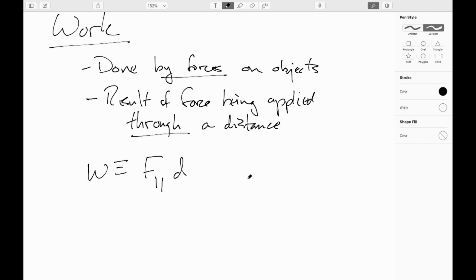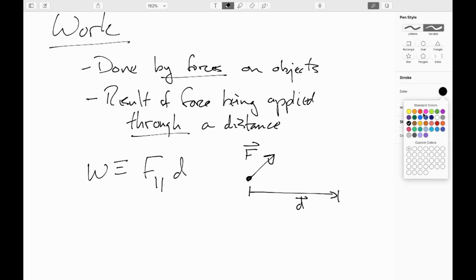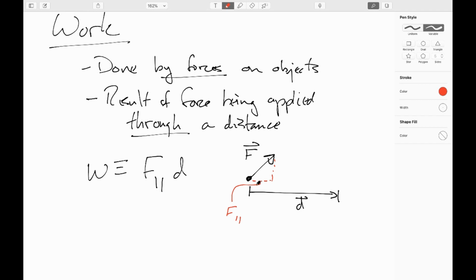So, for instance here, let's say I'm applying a force like so, and I have an object displace like so. The piece of the force that's going to count for the work is the part that's parallel to the displacement, this bit right here.